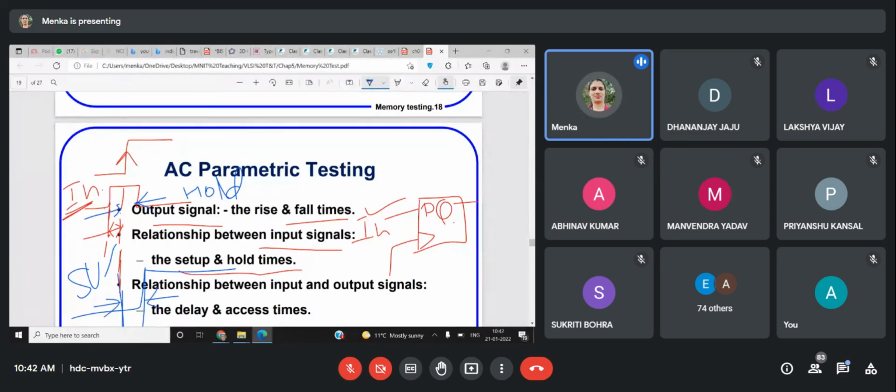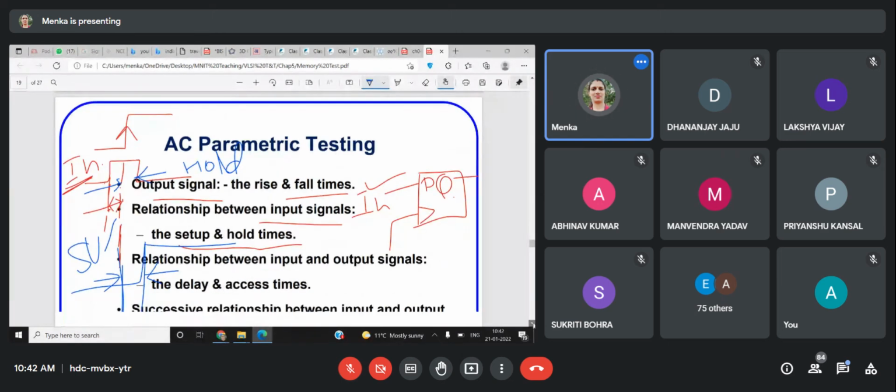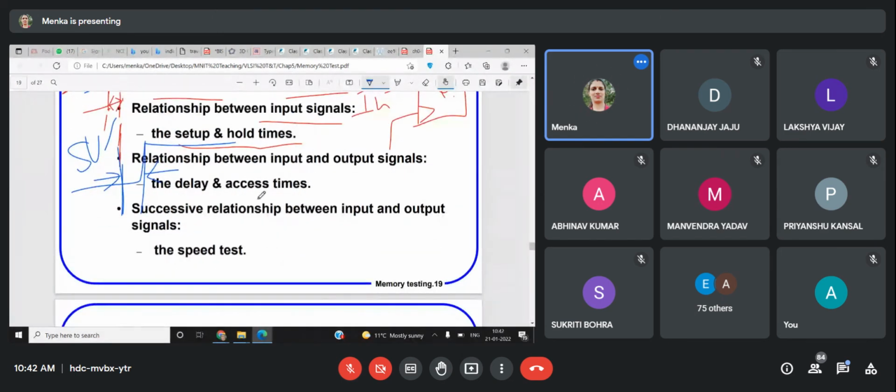D means the delay. Whatever has been sampled will be visible at the output after some time. That is the delay of the flip flop. Successive relationship between input output signals is going to test the speed of the test.